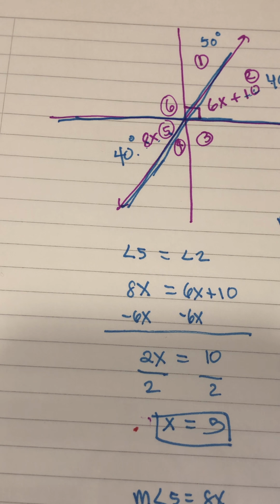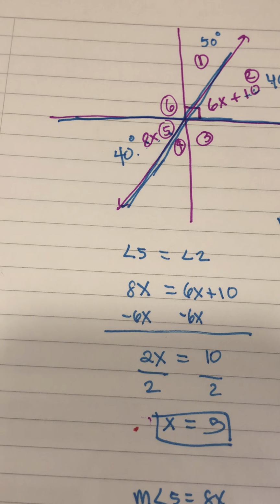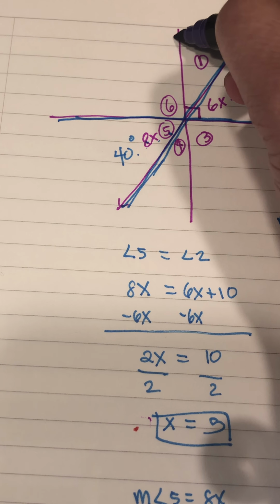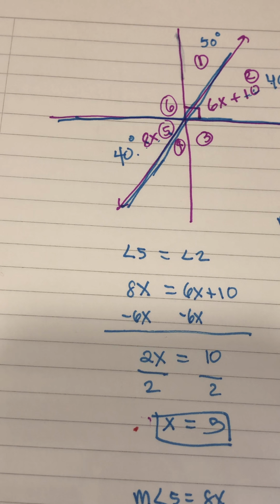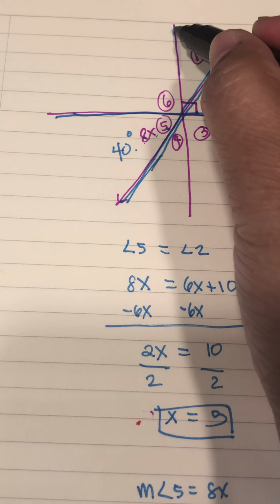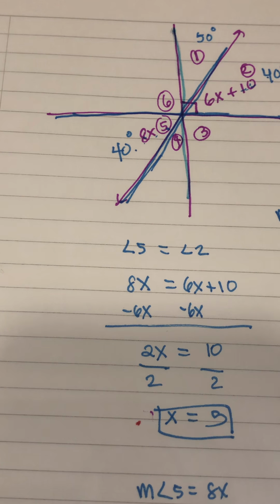Let's trace the sides of our angle 1. I'm gonna use a different color, purple. Does this work? It doesn't work. Okay, let's try this one. I'm not liking these pens.